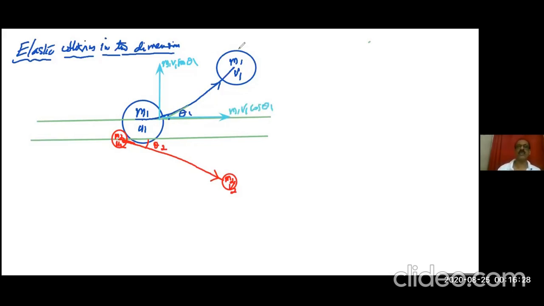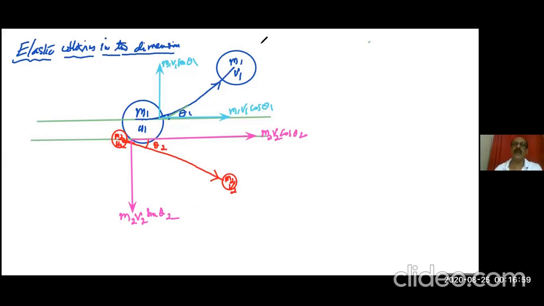Similarly, this one also we can divide. This is M2 V2 cos theta 2, and this will be M2 V2 sin theta 2. This is the diagram.